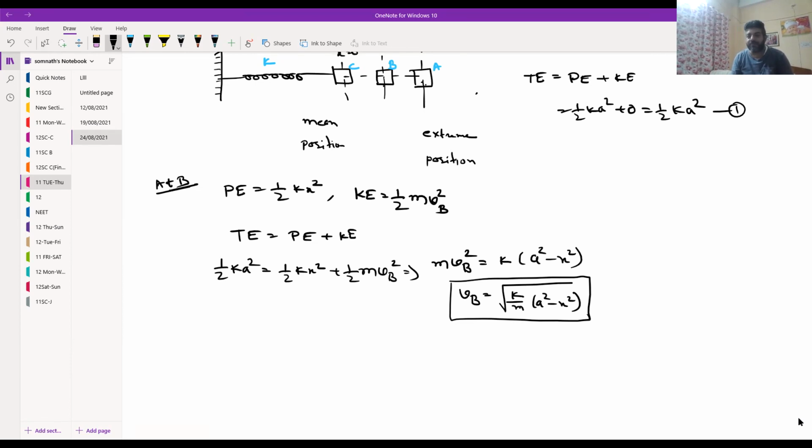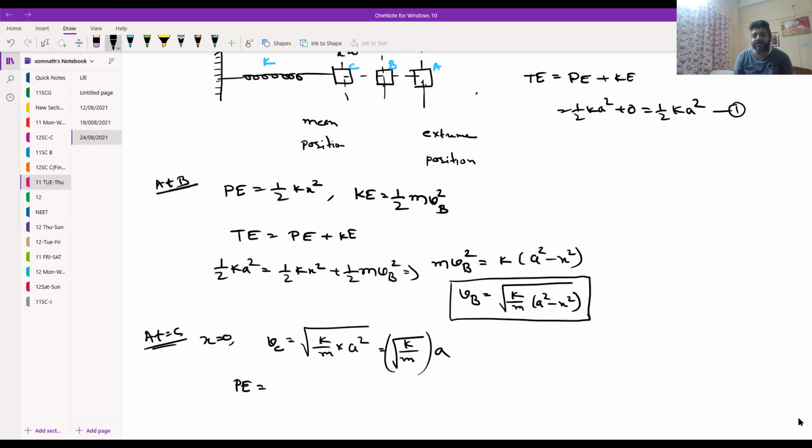Now if you see this, so at C, देखो अगर मैं यहाँ पे x को 0 कर दूं, so at C obviously my elongation is 0, so I can find the velocity at C, that is k by m into A square, that means root under k by m into A, which I can say. So what is my potential energy at 0?